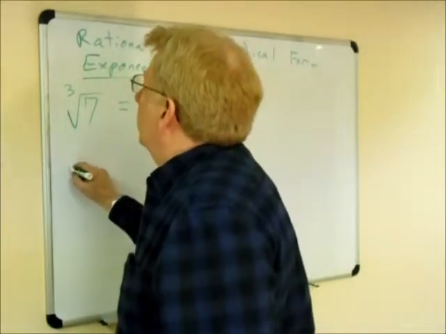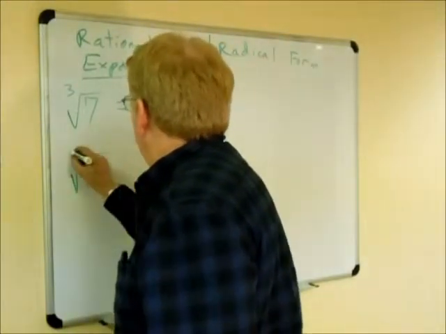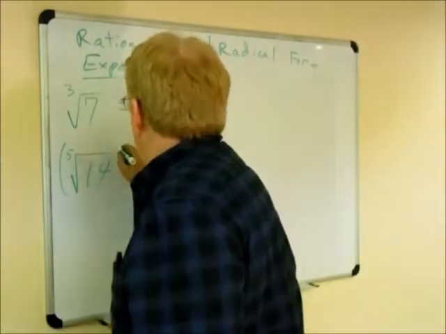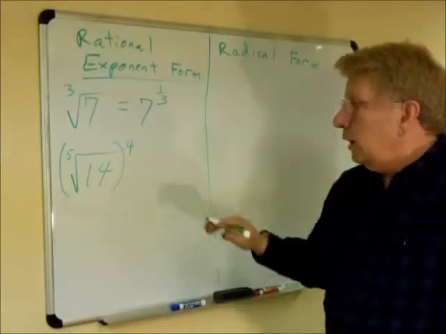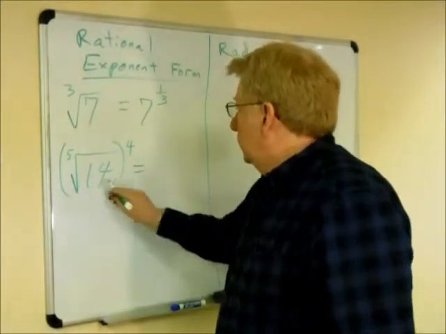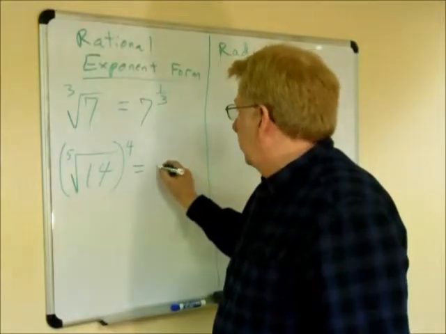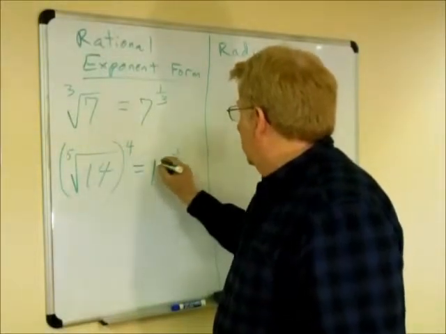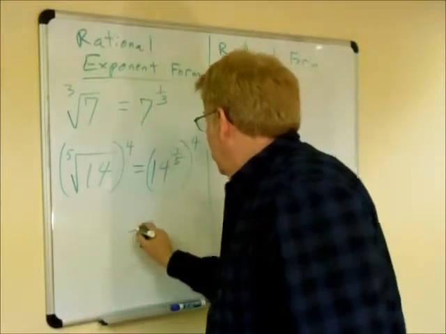Another example, we could take 14 to the 5th root, and all that to the 4th exponent. So now to put that totally in exponent form, this 14 to the 5th would be 14 to the 1/5, and then to the 4th power.